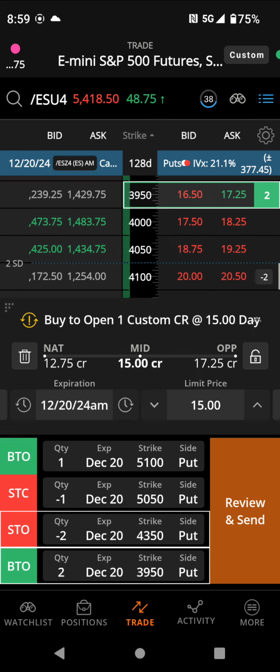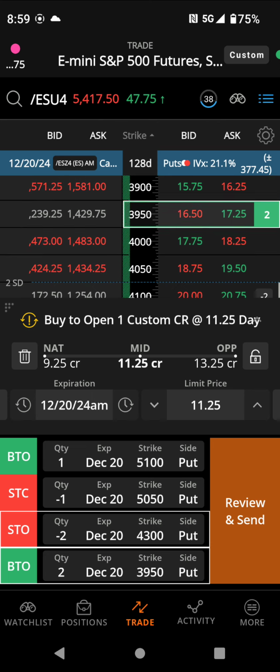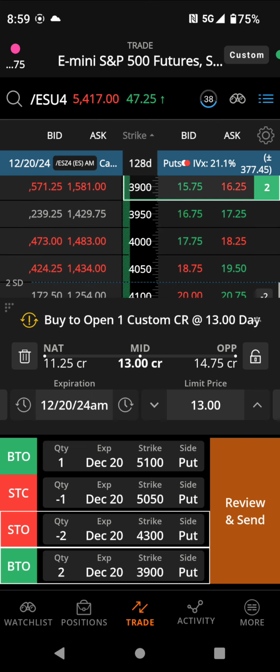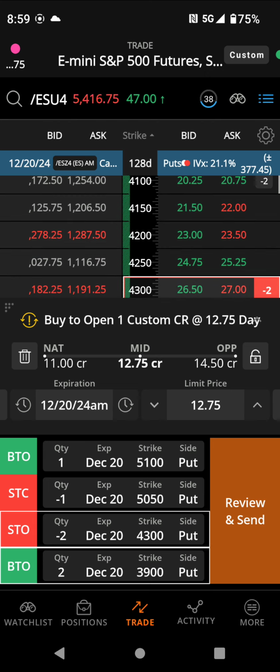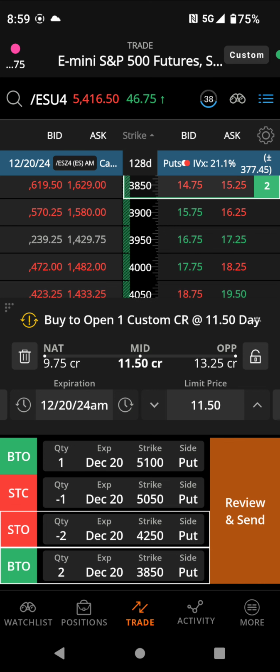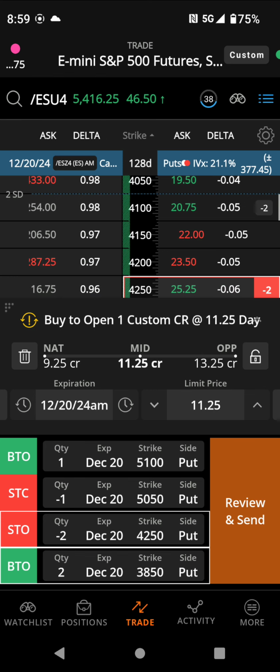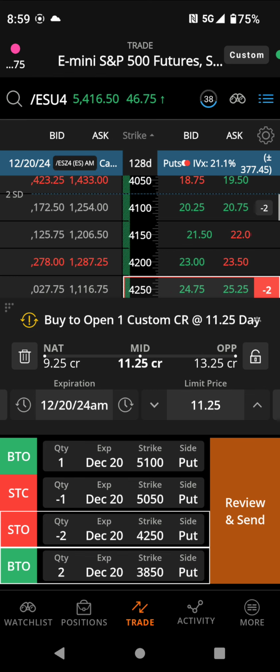Change those to 2. And here I'm near a 15 credit, a little bit higher than I need. So I'm going to shift it 50. Still a little higher. Not necessarily the end of the world if I took this. I could go one lower even. And then there's a good chance I get filled there around the 10.6. And this could be a 1122 trade, 0.06 delta.